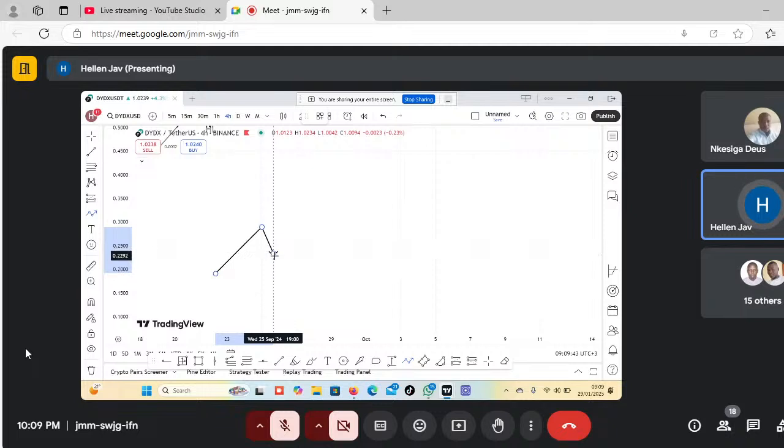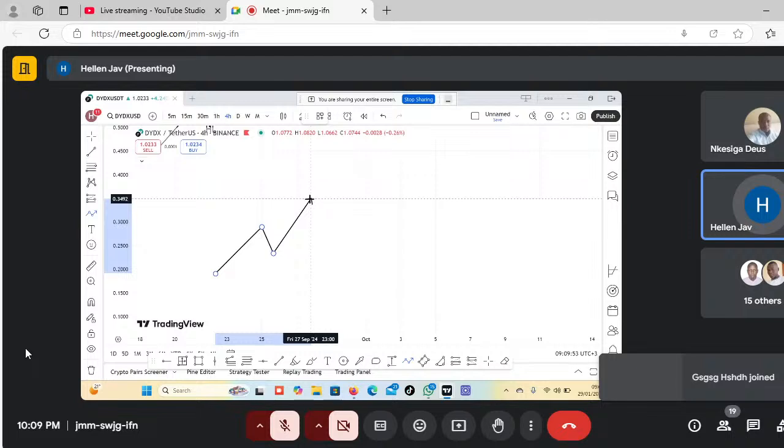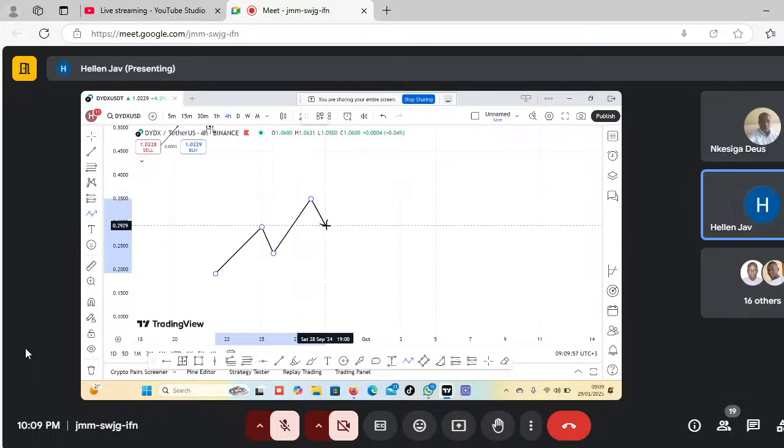Then when it continues up, it forms another impulsive move. When it pulls back and comes back down, it is forming a pullback. You understand the point? Those are the two movements which can be formed when we form an uptrend. So as I was saying, we are having this one, which is an impulsive move.